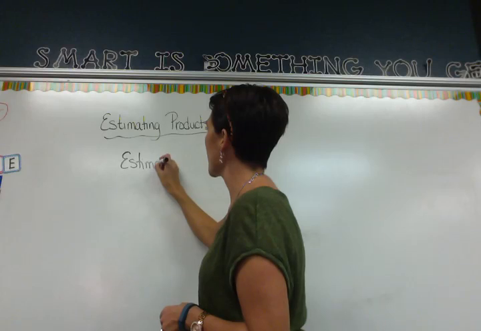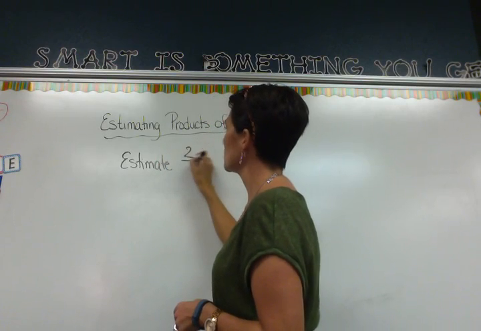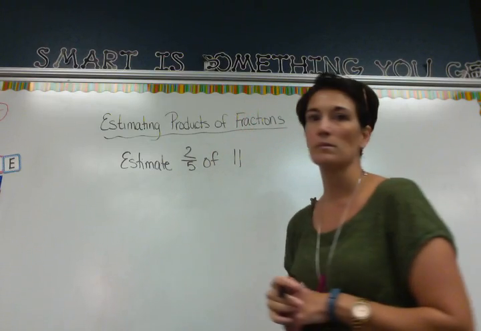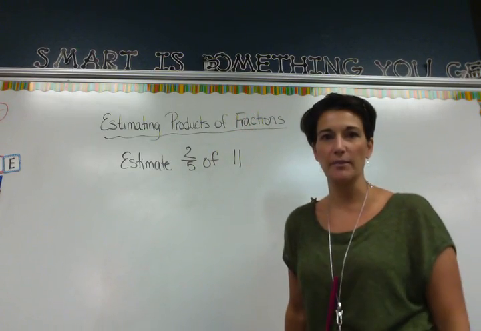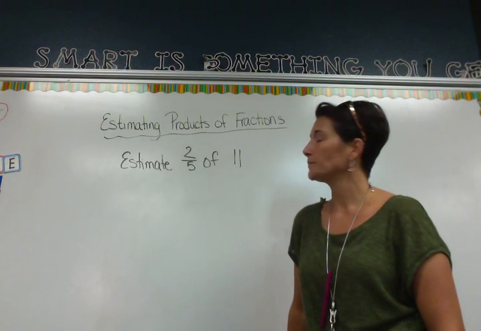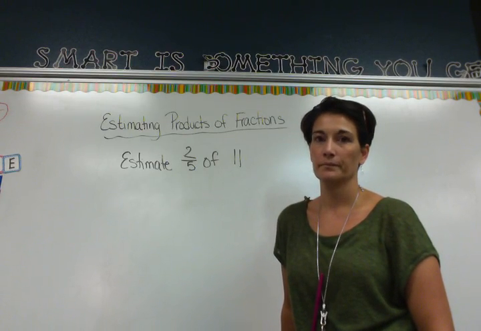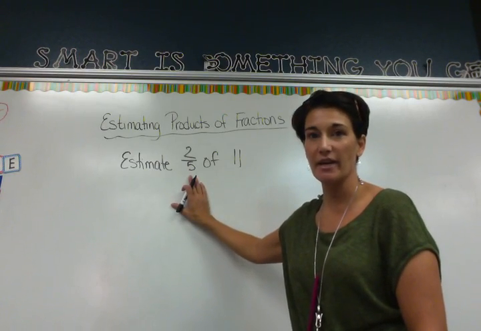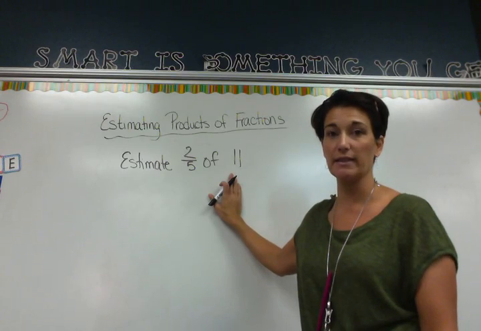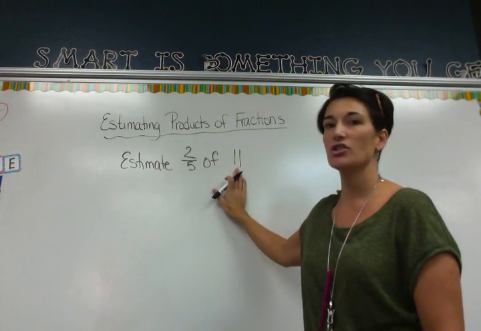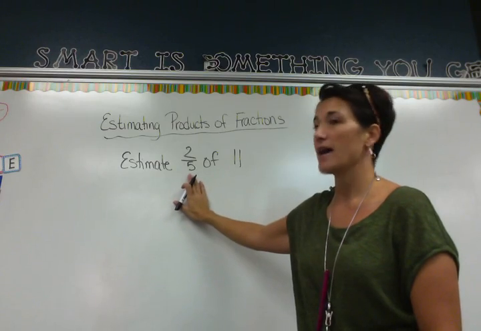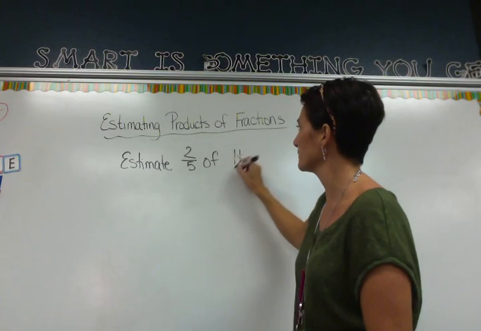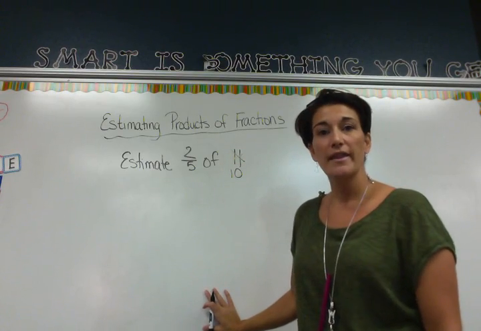So we are going to now estimate 2/5 of 11. So go ahead and write this example down in your notebook. All right, so now again you're thinking, okay, I have 5 as my denominator and I have a whole number of 11. Since today we're estimating, I'm going to change this 11 into a number that 5 can go into. So again, I'm thinking of 10. Now this one's a little bit tricky.